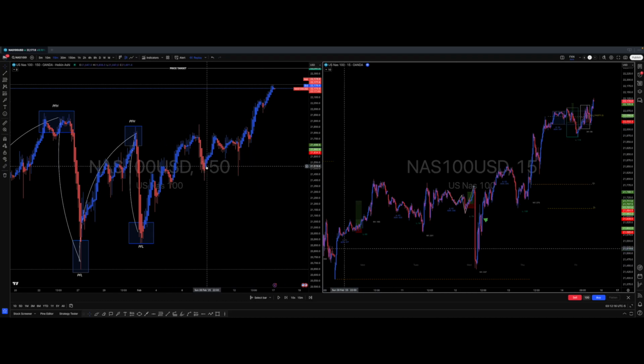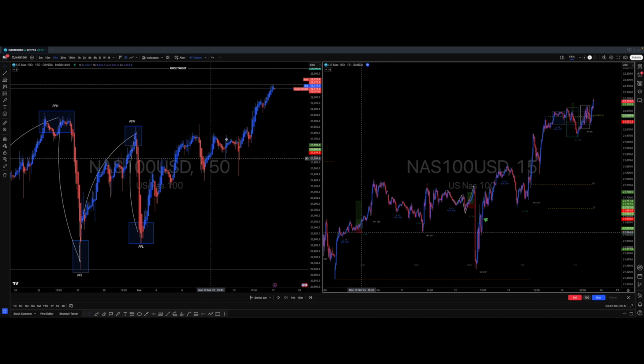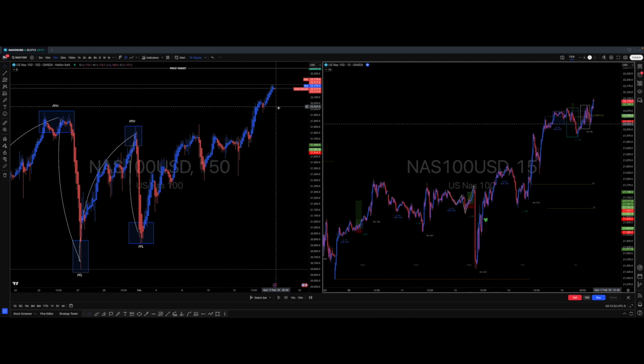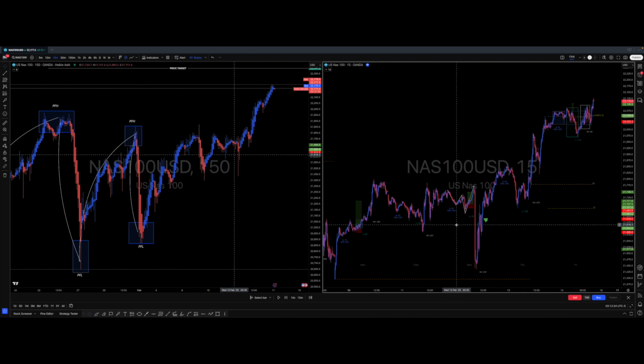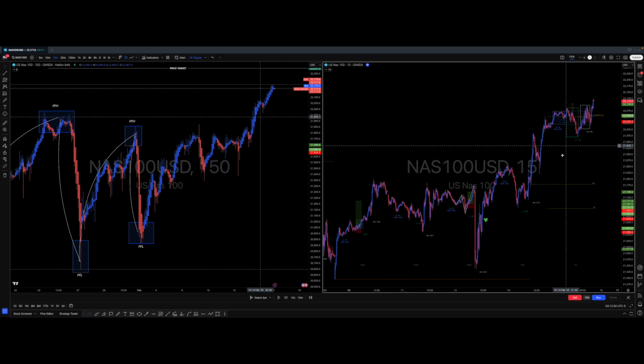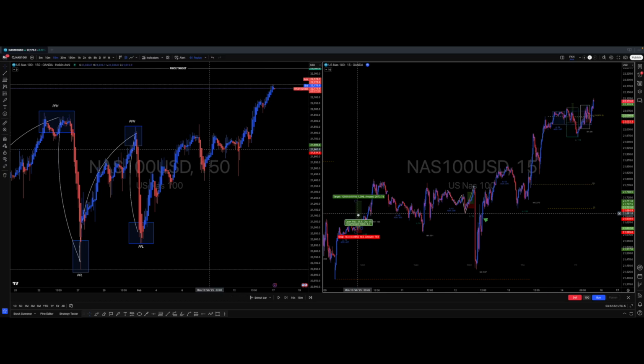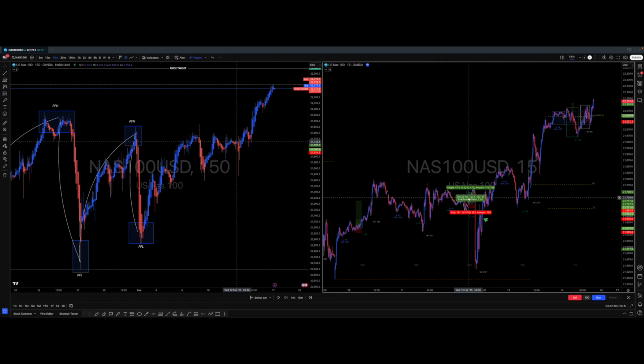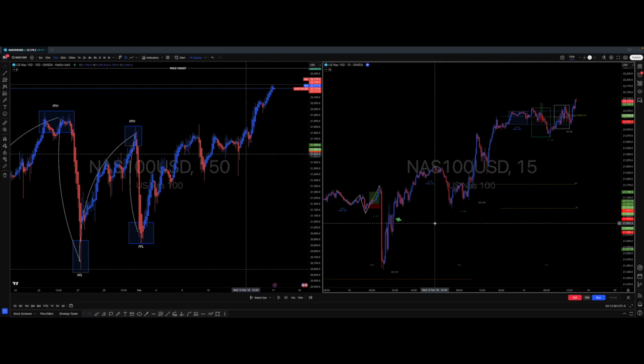We started the week here and we still went higher, but we just didn't have a lot of trades that would have gone in our favor. This one would have been a loss, this one would have been a win. This one would have been the best trade of the week at the very beginning of the week. This one would have been another win here on Wednesday.